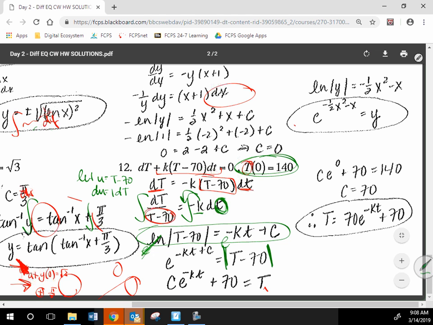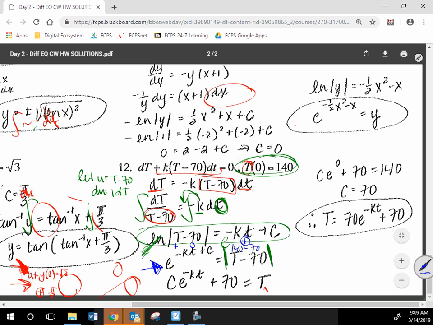So at this point we've got to substitute in. We can't drop the absolute value bars yet. Now when I substitute in, my T value is 140, so I have 140 minus 70, so this is going to give me a positive here. And when I take my 0 and put it over here, I get a positive. So that lets me know I'm going to take the positive version of this.